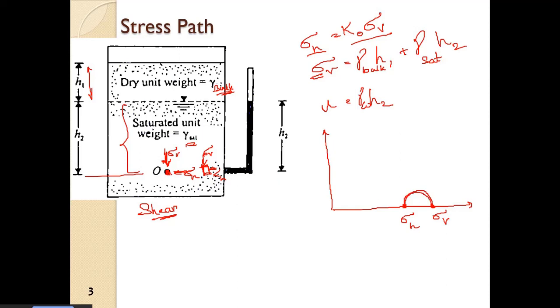So will the sample fail in this state? So we observe that the shear strength of the soil is given by this failure surface. So this is tau is equal to c plus sigma n dash tan phi dash.